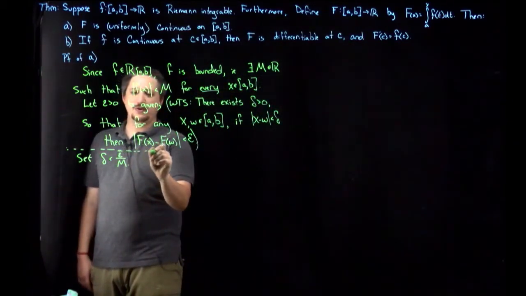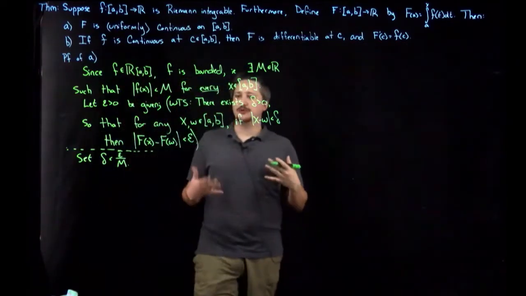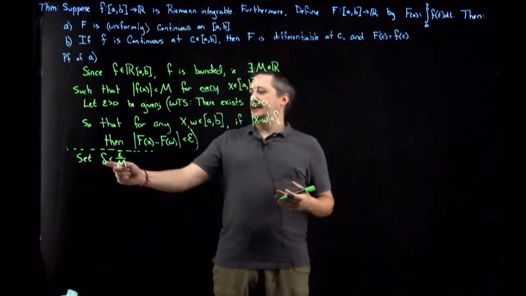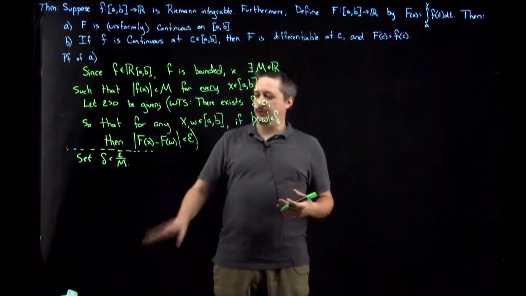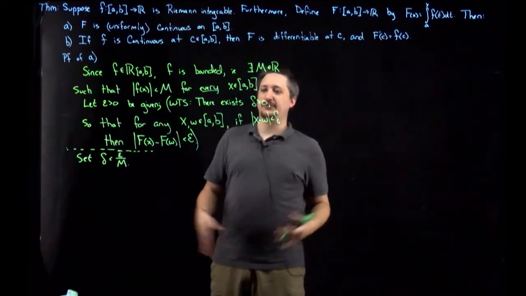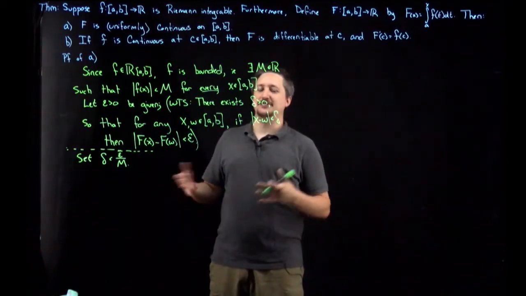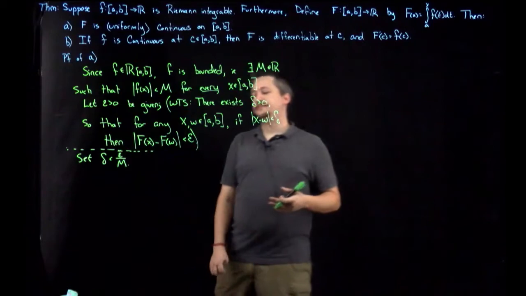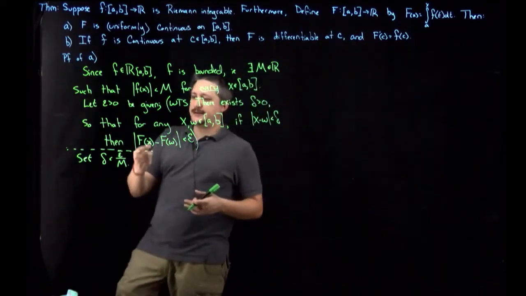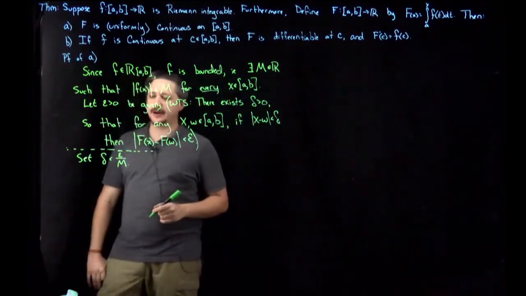So with a lot of these proofs, when you are writing them, the best way to go about it is to say, let delta be blank, go through the rest of it until you get to a point where you need to substitute out delta in some way that makes everything work, and that'll tell you what it needs to be, okay? So I'm going to make delta less than epsilon over M.